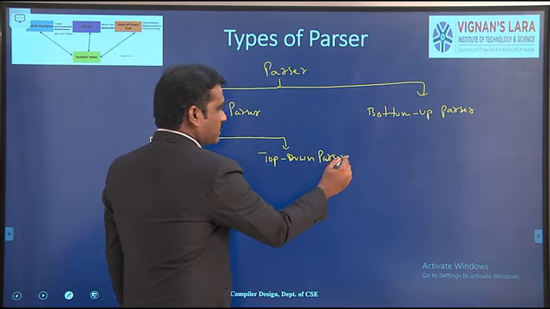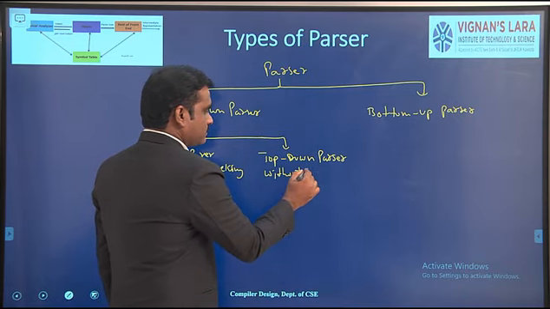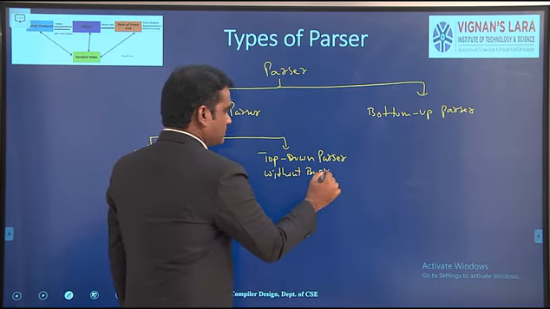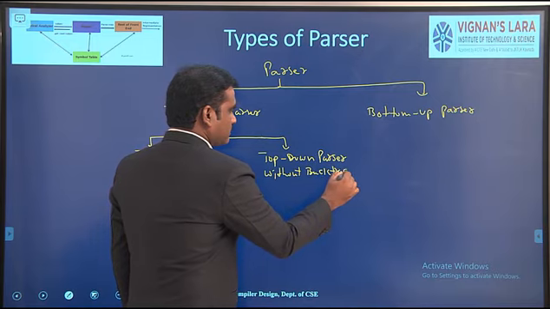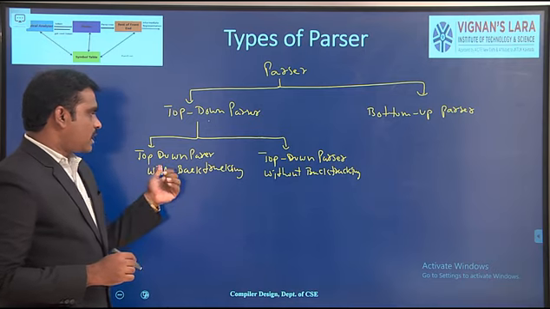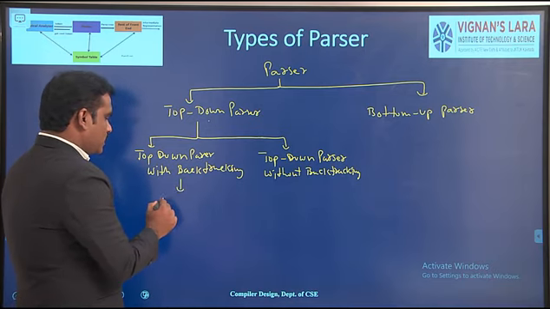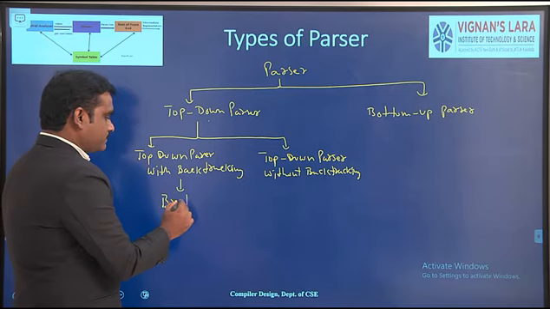In top-down parser with backtracking, we have to follow the brute force method.